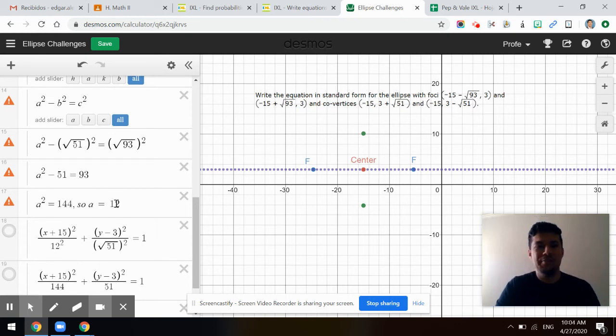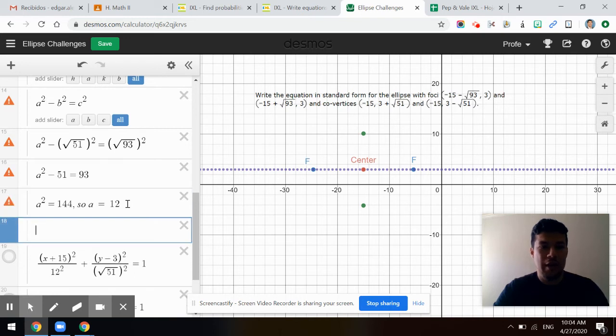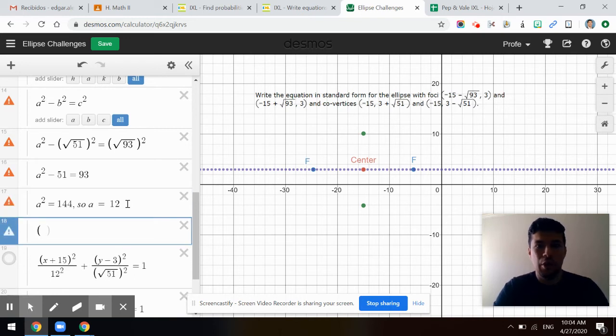What does this mean? This means that now I have found the distance between the center and the vertices along the major axis, which means I could actually go ahead and locate my vertices. So I go from the center, which is at -15, 3, and I'm going to add or subtract 12 to each side.